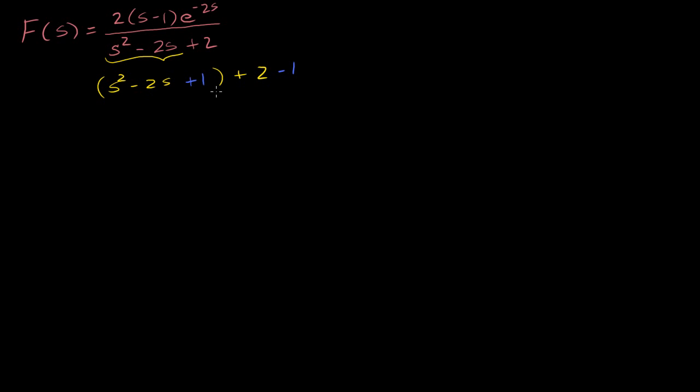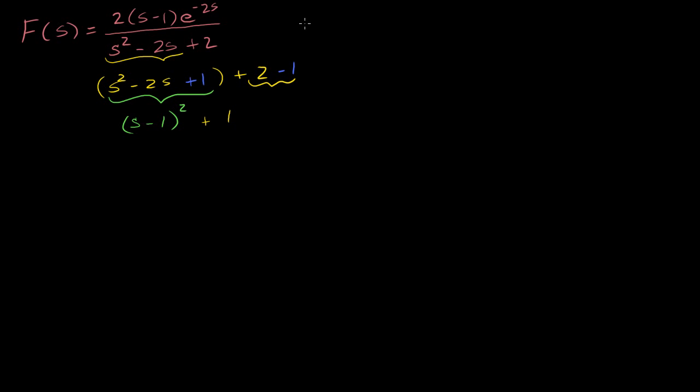But by doing this, I can now say that this expression is s minus 1 squared, and then this stuff out here is 2 minus 1, which is just plus 1.